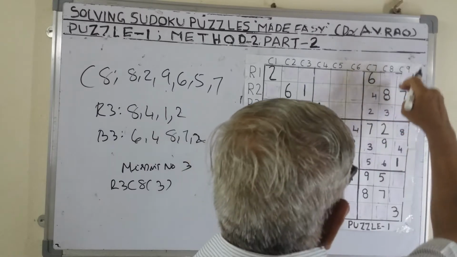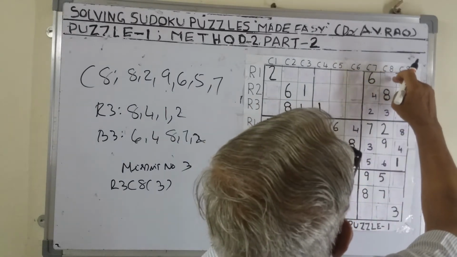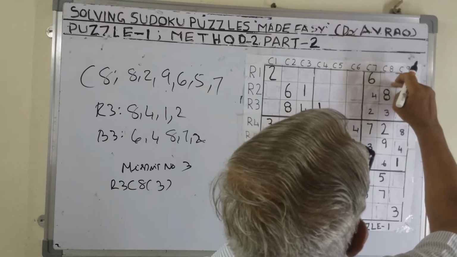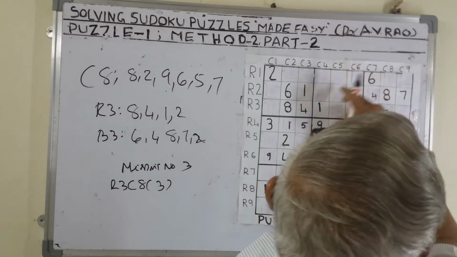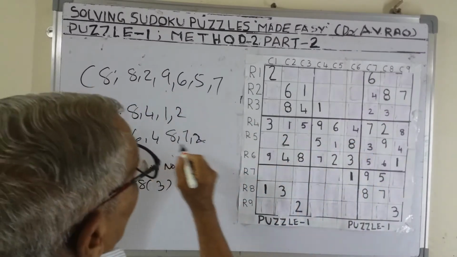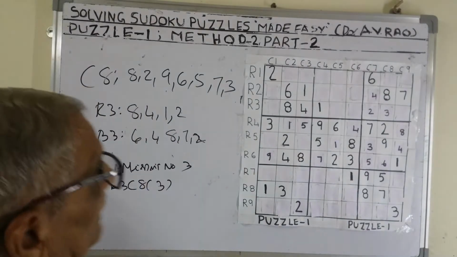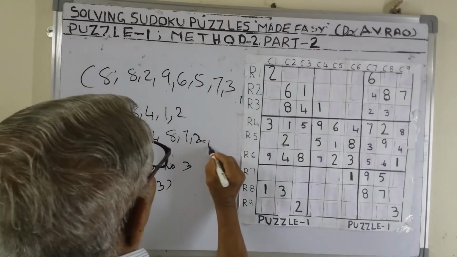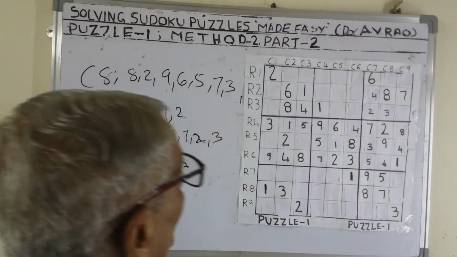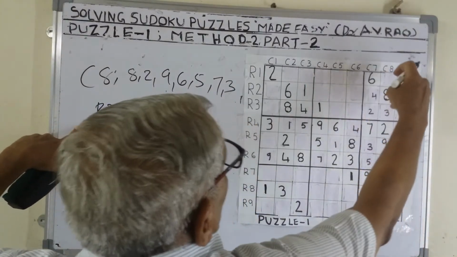Now, many cells have already been filled up. In C8, another number has been added, 3. Similarly, in the box also, another number has been added, 3. Now see, this cell we have to fill. This is R1C8.